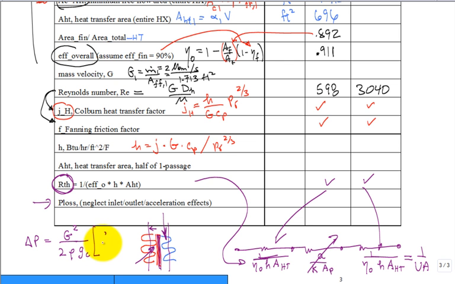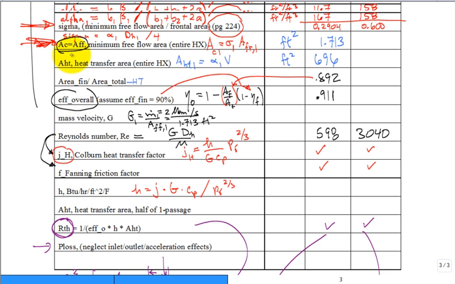It'll be the Fanning friction factor, that's why we needed to get it, times the area for heat transfer, which is the same area that gives us the resistance to flow, divided by the area of free flow, which in that equation they call A_c. That's why up here it's A_c versus A_ff.